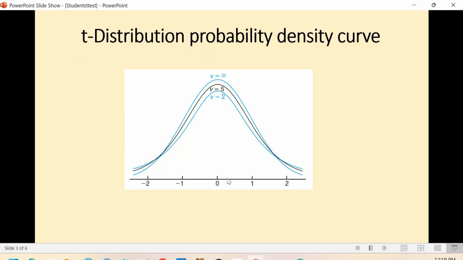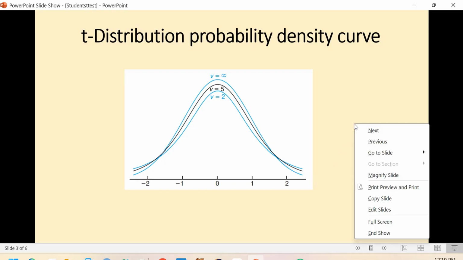And this is the t-distribution. We can see if the degrees of freedom are very small, the probability density curve for the t-distribution will be relatively flat. And if the degrees of freedom are very large, say over 30 at least, the curve will be very close to a normal distribution.